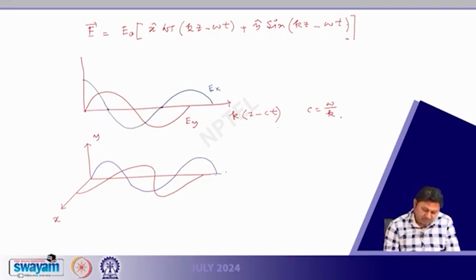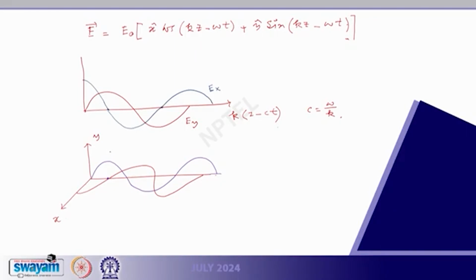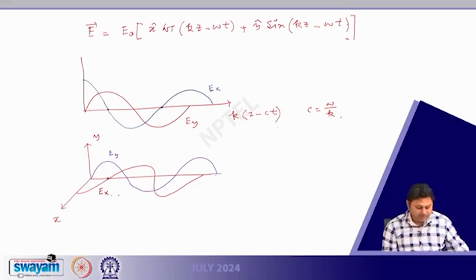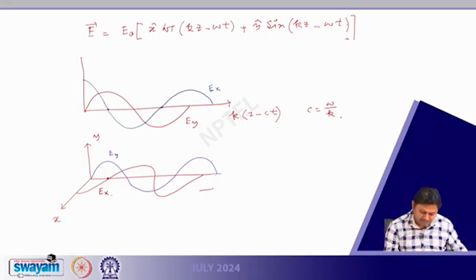Here when we have a minima for x function, for y function, that is a maximum. So this is the way. So the resultant, now it is important to find what is resultant. So let me first, this is E of y and this is E of x, and along this direction it is moving.